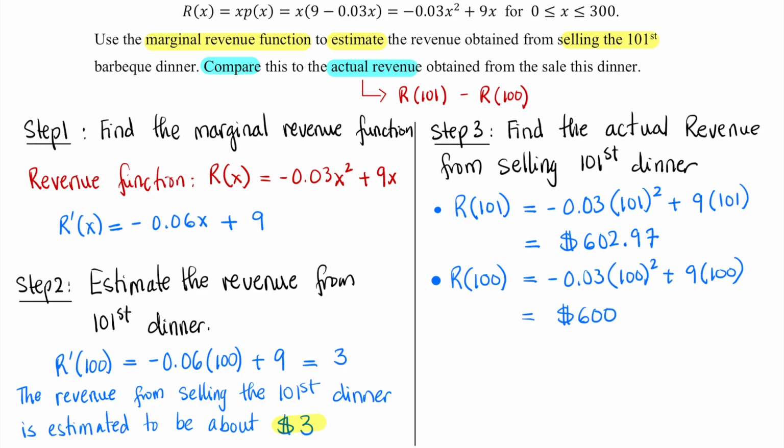Now, we take R of 101 minus R of 100. R of 101 is 602.97 and R of 100 is 600, which is $2.97.